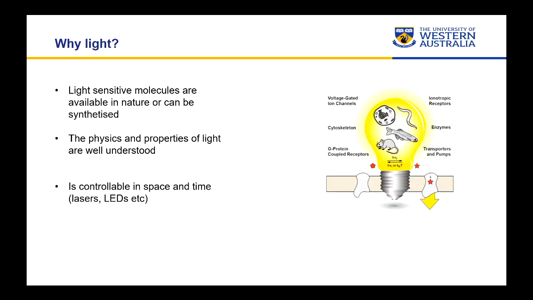And we can also make compounds in the lab that respond to light. Light is so great because the physics of light and the properties of light have been well understood for a very long time, so we really know the mechanism of how these things work. We can control light with great temporal and spatial resolution, so we can use lasers if we want high energy, want really high focus.